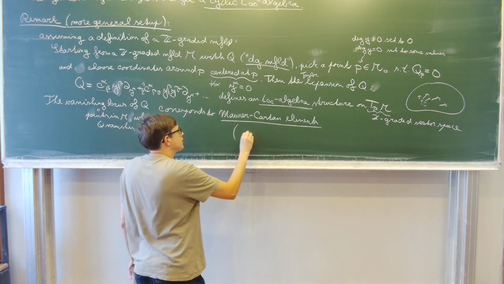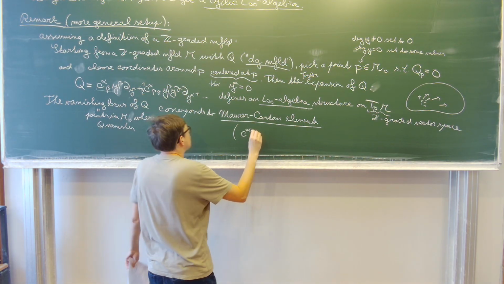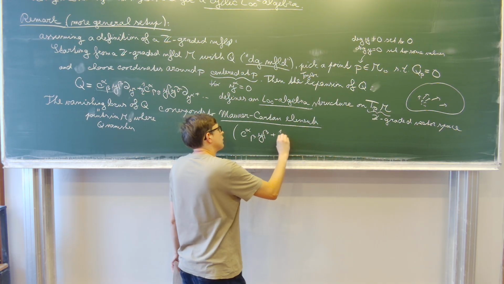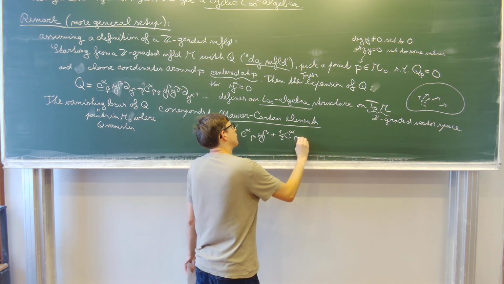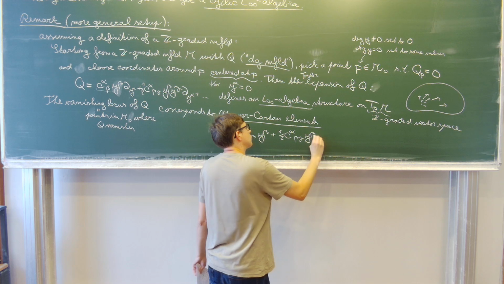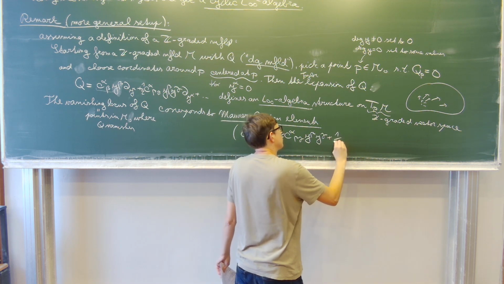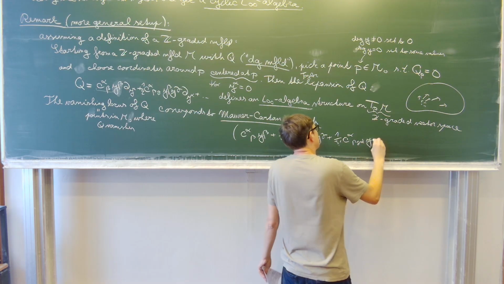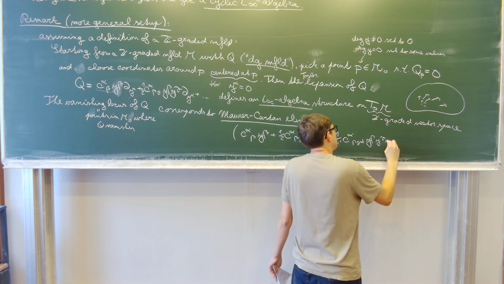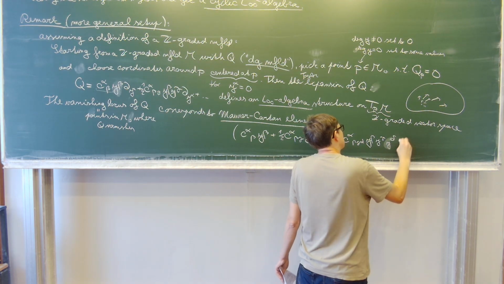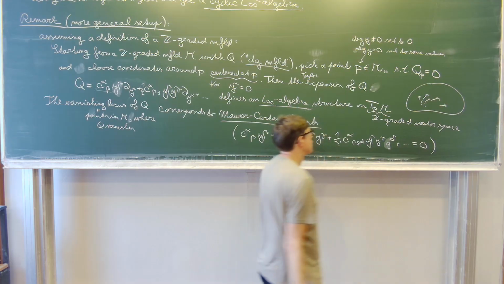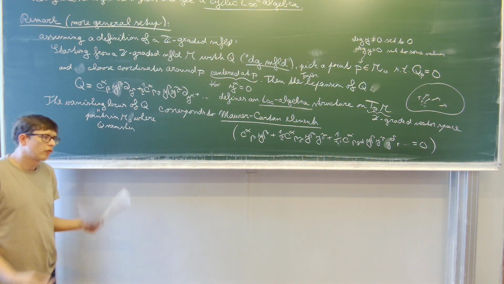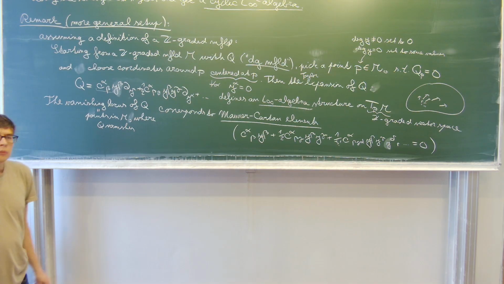So for us, this is a statement that this thing, 1/2 C beta gamma, y beta y gamma, plus etc., is 0. So it's precisely the condition that you might know from L infinity algebras.